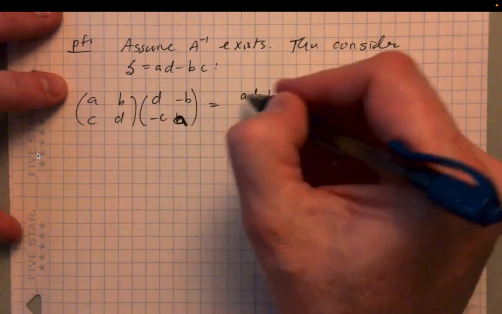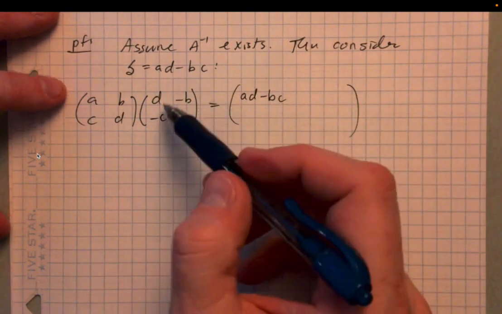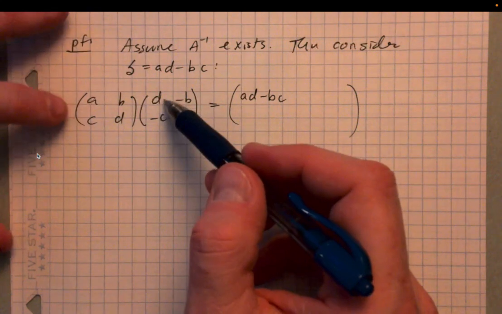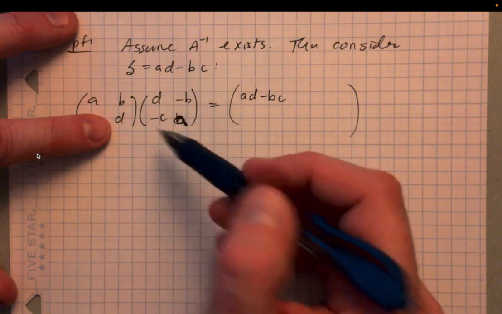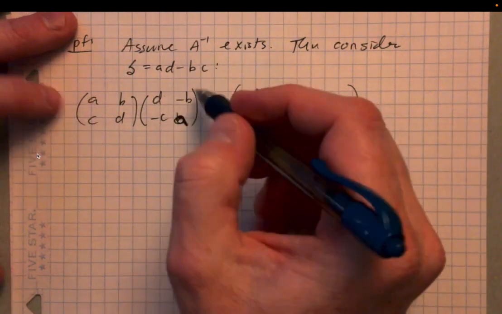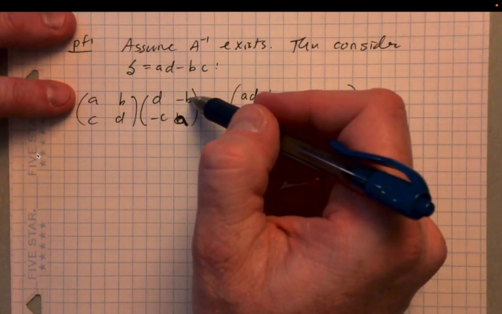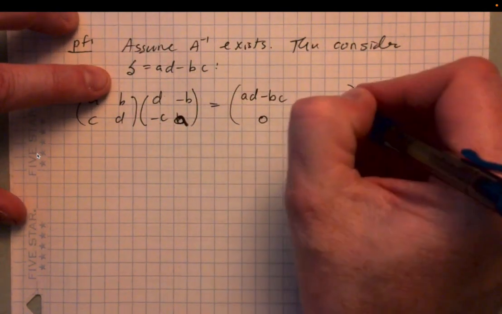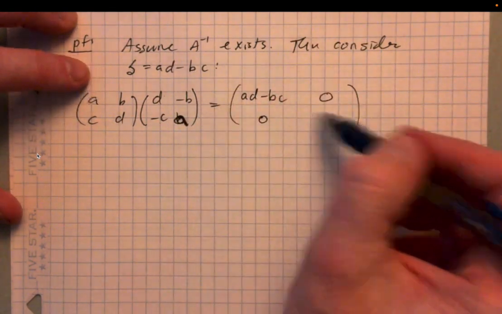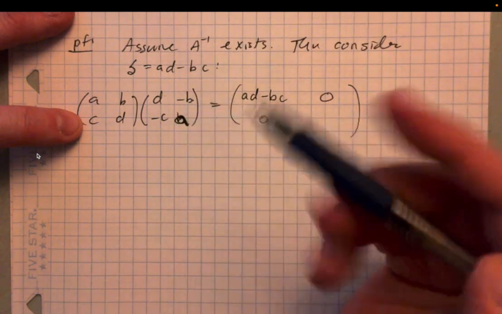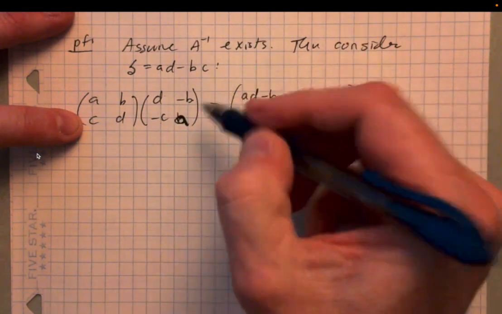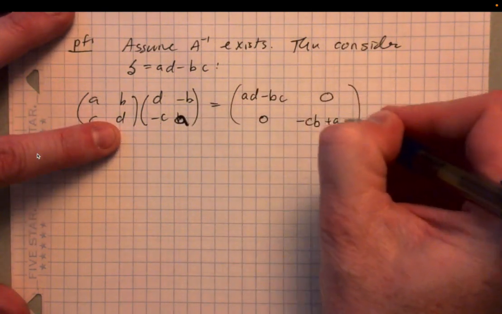Sorry, this upper one. Let's do this in the right order. So AD minus BC, and then CD minus CD. So I get a 0 down here. And then up here I get negative AB plus AB. So I get a 0 up here. And then in this bottom section I get negative CB plus AD.